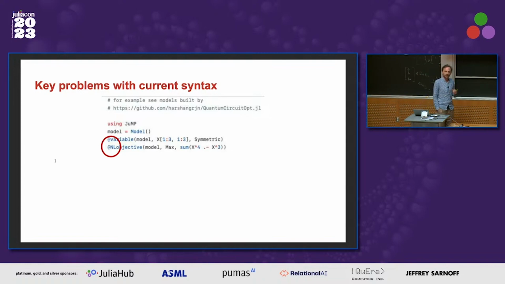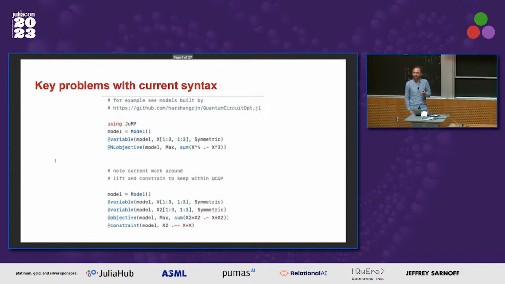One problem is that you had to know to use the @NL macro instead of the @objective macro. So in some cases you had to do one thing, and in other cases you had to do another, which was a little bit annoying. But the bigger problem was that this does not work. If you copy paste this in, it currently errors, because you can't have vectors inside a nonlinear expression at the moment. Definitely can't have matrices. You can't do broadcasting subtractions, and you can't even do sums over vectors. So their request was, can you make that work?